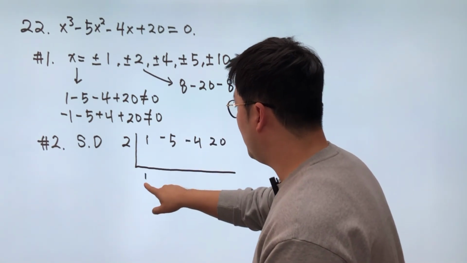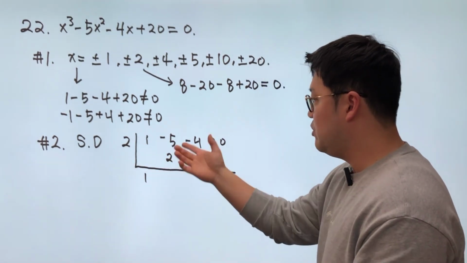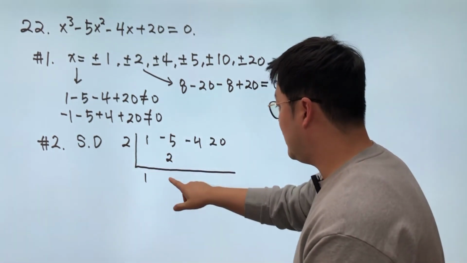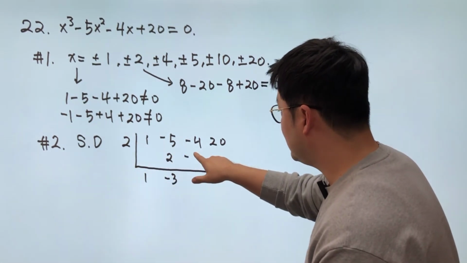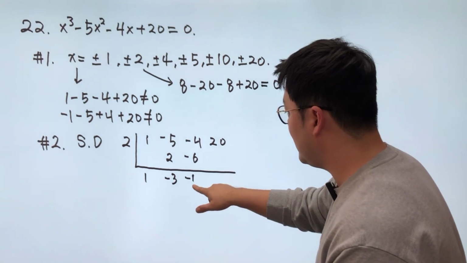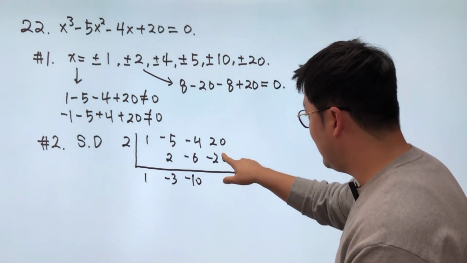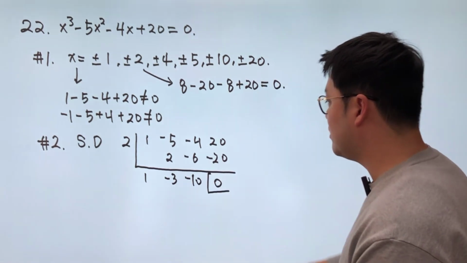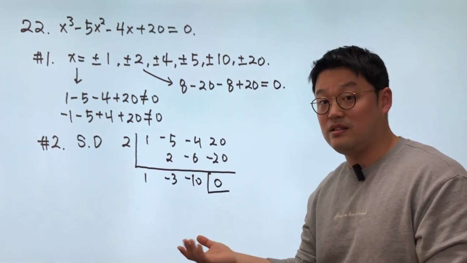We write 1, multiply 1 by 2 to get 2, and add vertically to get negative 3. Multiply 2 by negative 3 to get negative 6, add vertically to get negative 10. Multiply 2 by negative 10 to get negative 20, and that becomes a remainder of 0, which makes sense, since it tells us it is divisible.